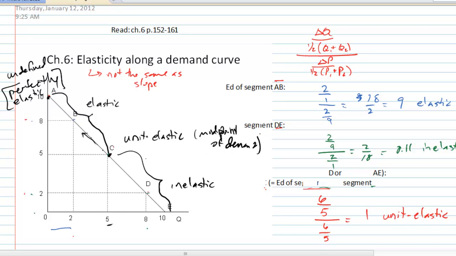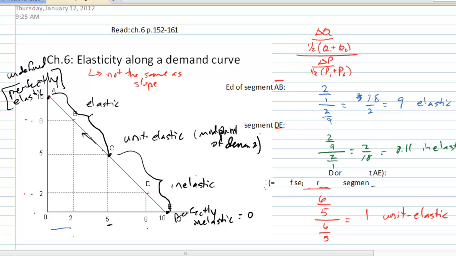And again, it'll vary and get more and more inelastic all the way down to the bottom. This point on the x-axis is perfectly inelastic. We'll have an elasticity of 0. Okay, so those relationships will always hold along any demand curve.